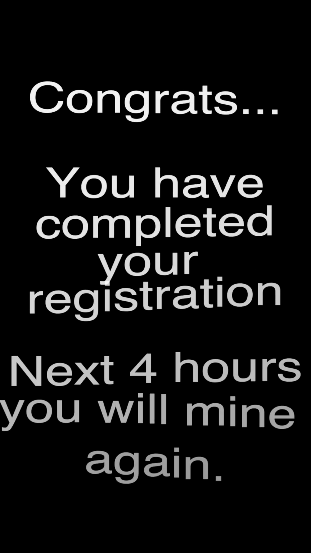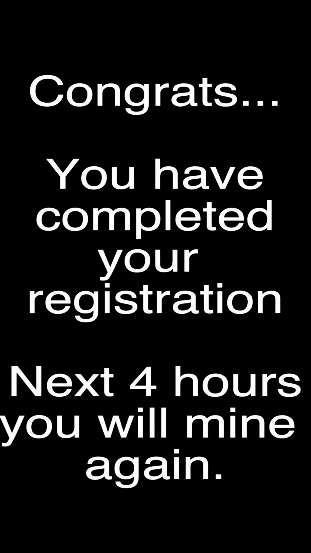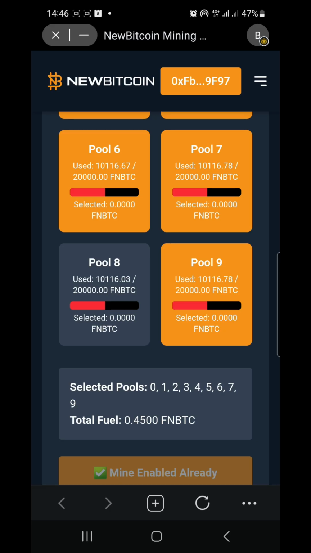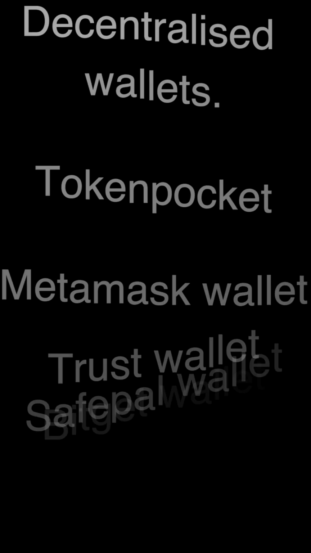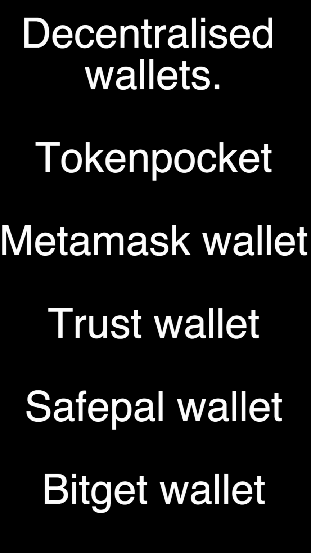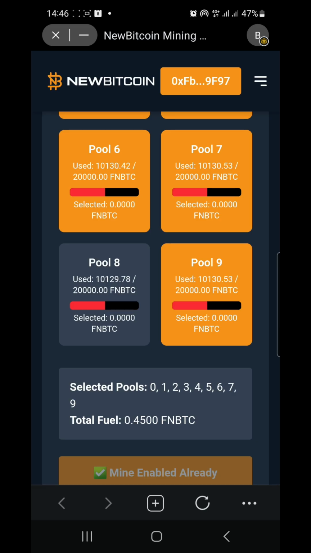So there you go, you have successfully registered using Trust Wallet. Now if you want to register with SafePal Wallet, MetaMask Wallet, or Token Pocket, it's the same process, but you may not be asked for certain warnings, okay, depending on the wallet you are using.